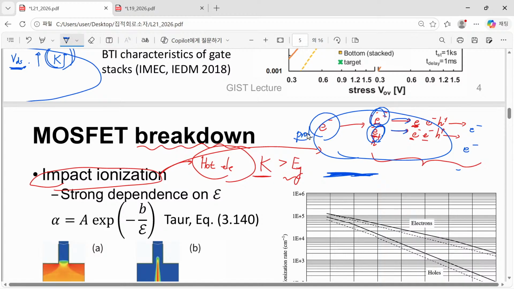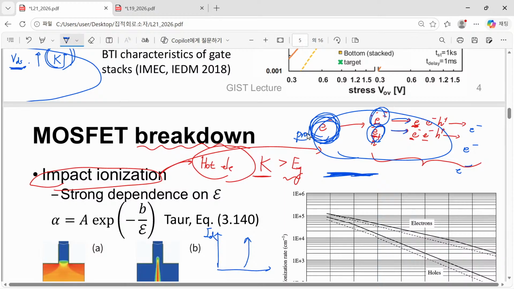So many electrons are generated from this one single primary electron. If we have that case, once we inject one single hot electron, that will generate a large set of electrons, and that will introduce a sharp increase of our drain current.